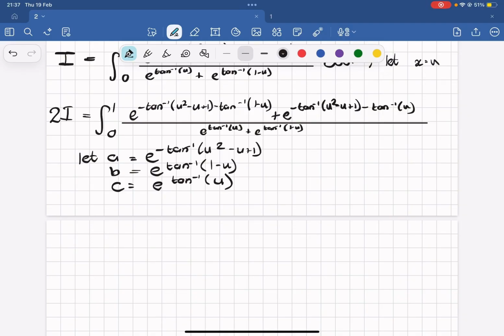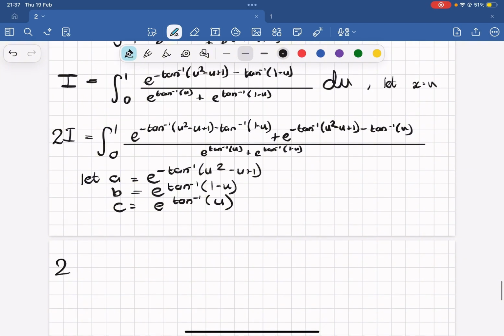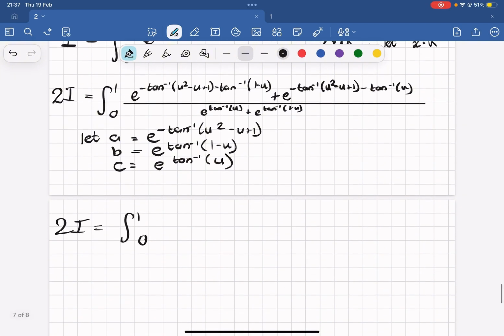That's our final substitution. So now we can say 2I equals the integral from 1 to 0 of a over b plus a over c, all over b plus c, du.